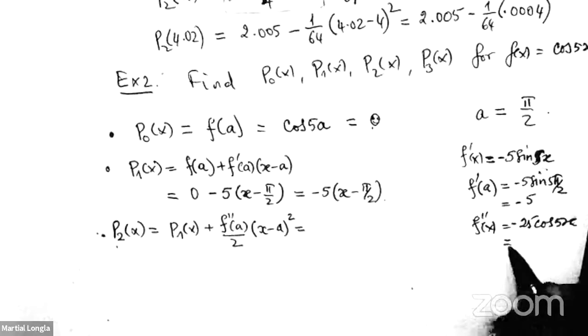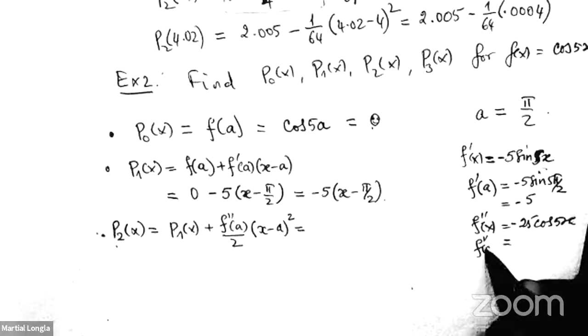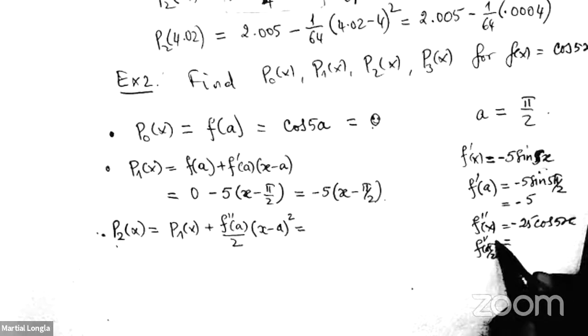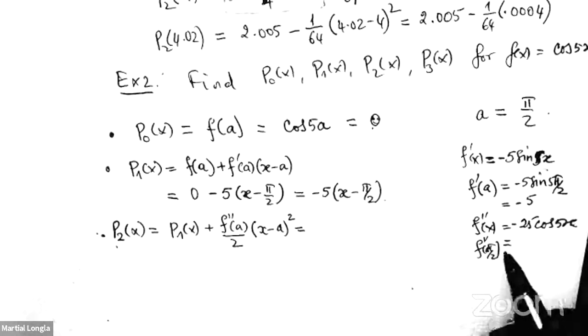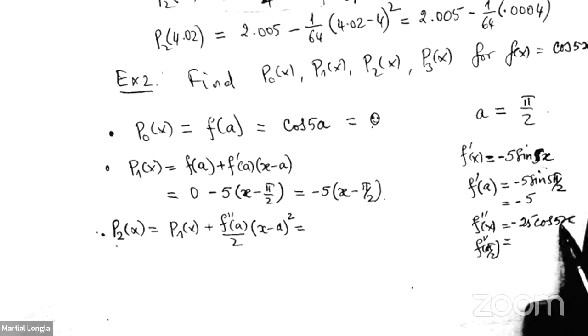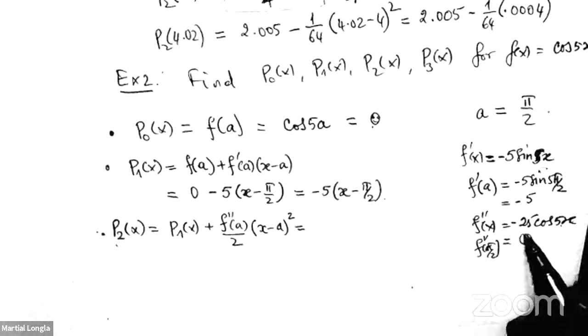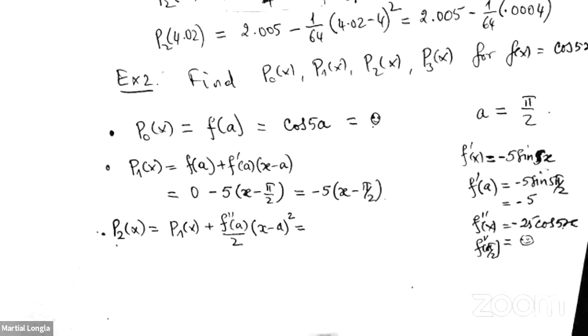And the second derivative at pi over 2, that's negative 25 cosine of 5 pi over 2, which again is 0.